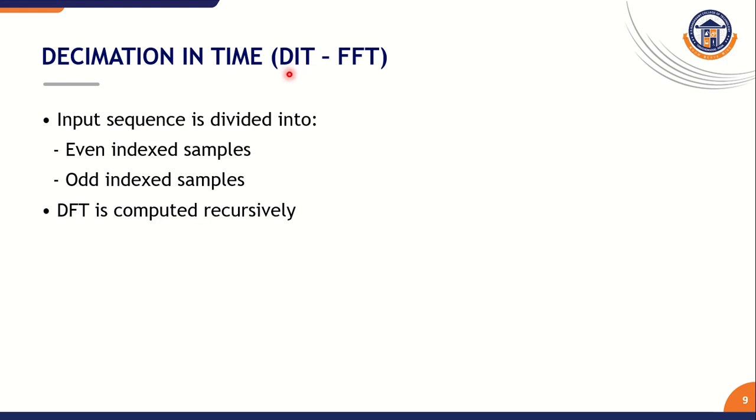One is DIT FFT, that is decimation in time FFT. The input sequence is divided into even indexed samples and odd indexed samples. Then smaller DFTs are computed recursively and combined using the twiddle factor. This is the concept of decimation in time FFT.